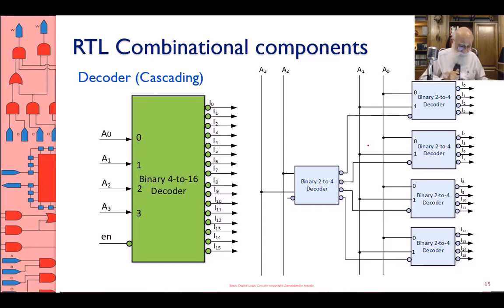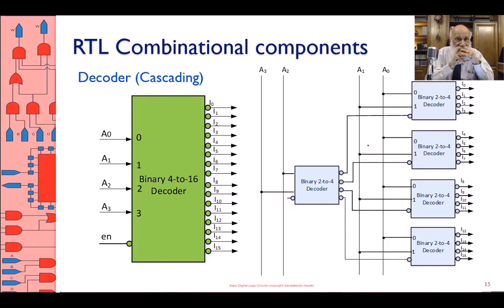This is a much larger decoder, and this is a 4 to 16 binary decoder. How do I build a 4 to 16 binary decoder out of smaller decoders? Okay, don't look at the right hand side, only listen to me.